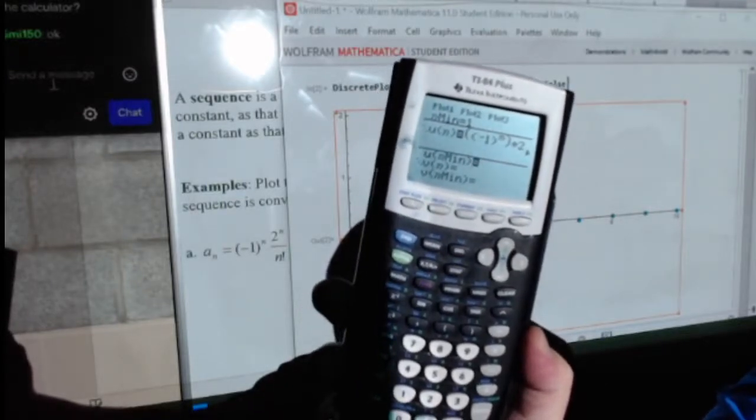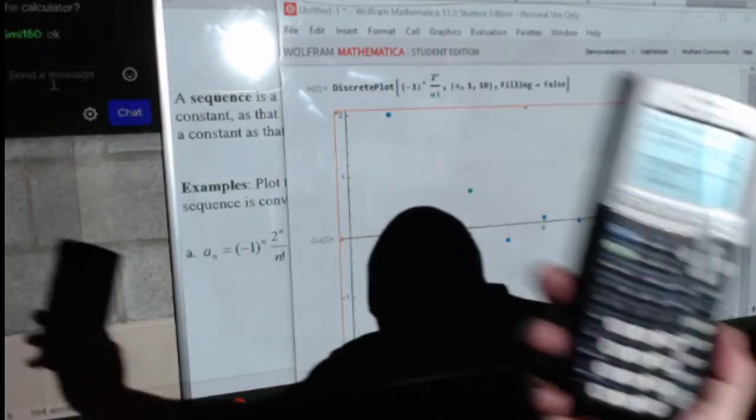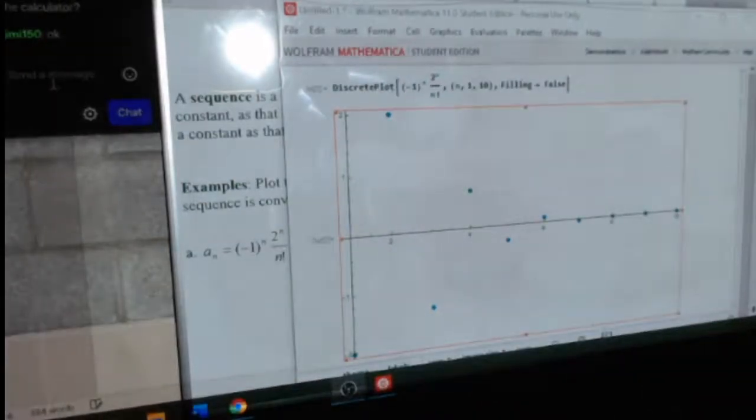So under that, you're going to type in the function, so (-1)^n, 2^n, and then divided by, and I will tell you how to get to n factorial. So you're going to put n, and by the way, n is just the same thing as the x key that you normally use. It just now puts in n because you're in sequence mode.